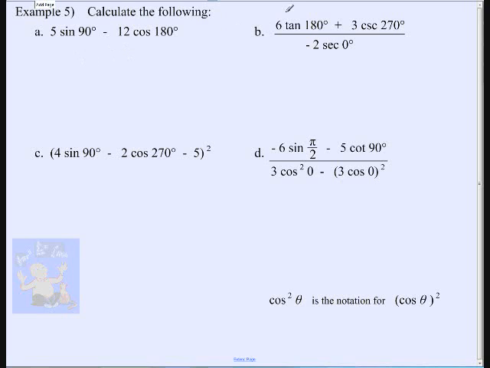We're going to start with a little review of your quadrant angles. Remember those? We're going to calculate the following. We've got 5 times the sine of 90 degrees minus 12 times the cosine of 180 degrees.